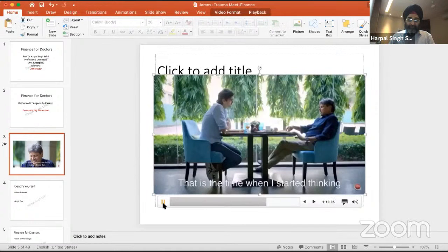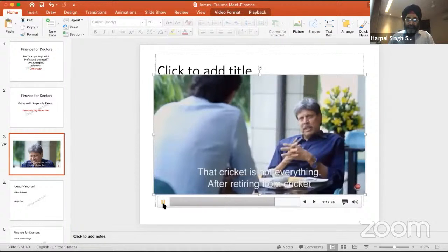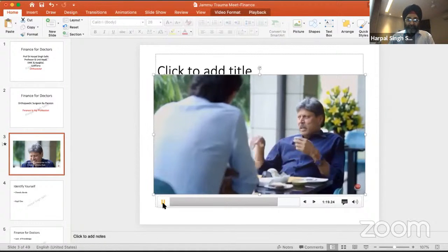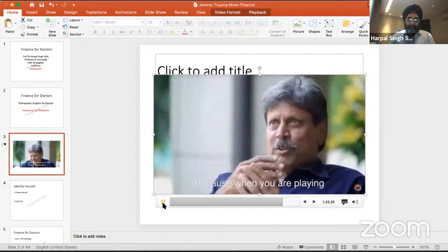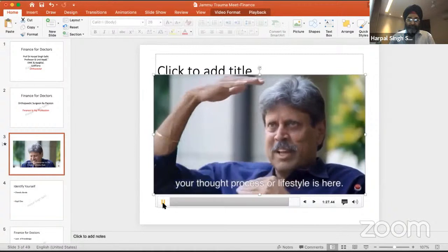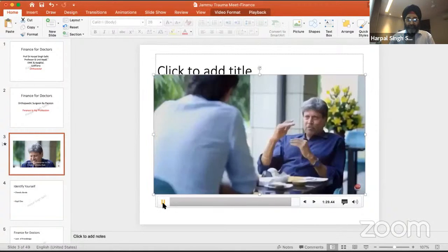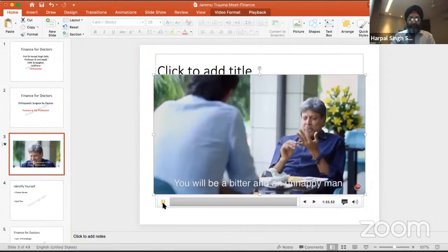And that is the time I start thinking, open your mind कि क्रिकेट ही सब कुछ नहीं है. क्रिकेट छोड़ने के बाद ऐसी कभी नौबत मेरे को आई तो बहुत बुरा होगा, क्योंकि जब आप खेल रहे हो तो योर थॉट प्रोसेस और लाइफस्टाइल इज हियर, बट अगर इससे नीचे आ जाएगी तो यू विल स्ट्रगल, यू विल बी बिटर एंड यू विल बी.